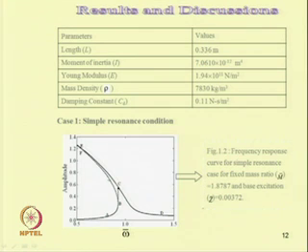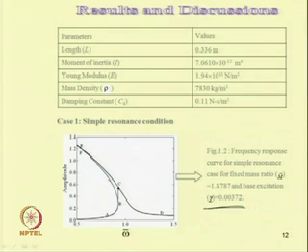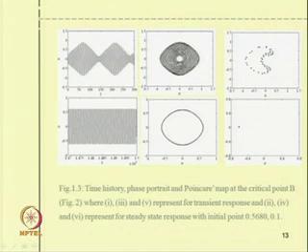These correspond to different forcing frequencies. For these different positions, the time response has also been plotted, and one can see that the system behaves in a quasi periodic response, as the Poincare section shows a closed loop.